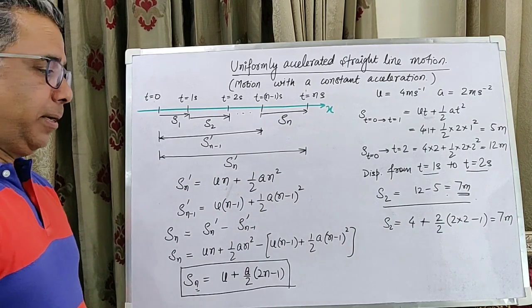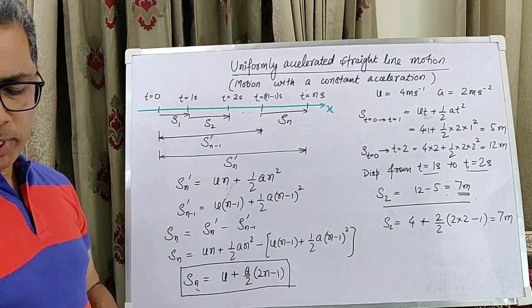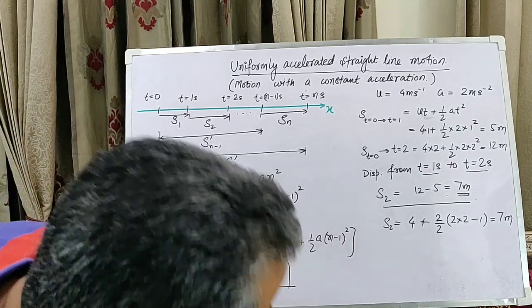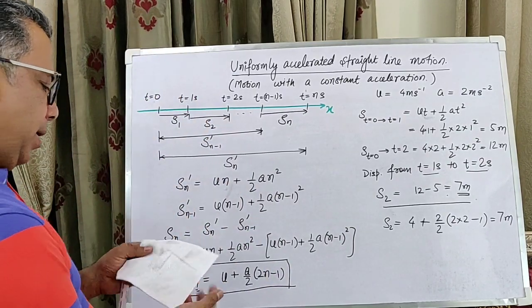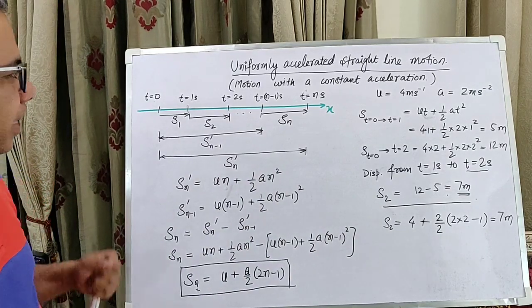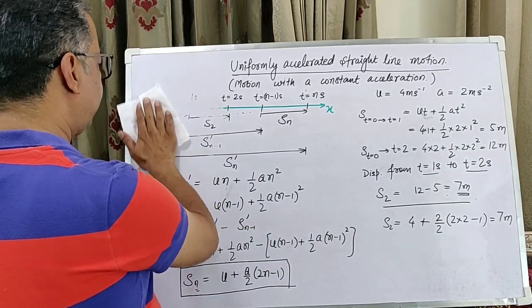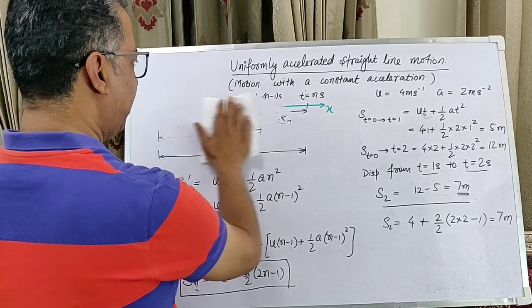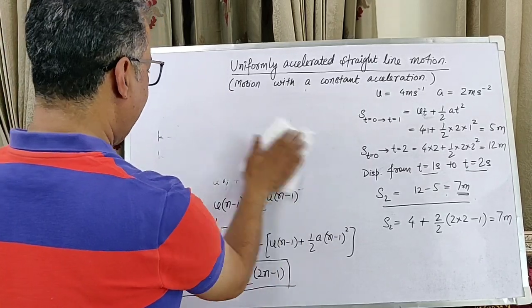Another very interesting idea related with uniformly accelerated straight line motion is the idea of Galilean ratios. Let me explain to you the idea of Galilean ratios.